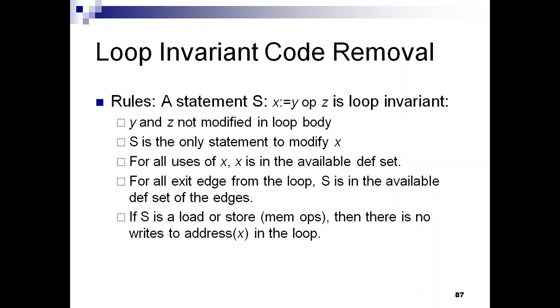For all exit edges from the loop, S is in the available definition set of the edges. If S is a load or store memory operation, then there are no writes to the address of x in the loop. If we have a statement like x = y op z that is loop invariant, we need to follow all these rules.